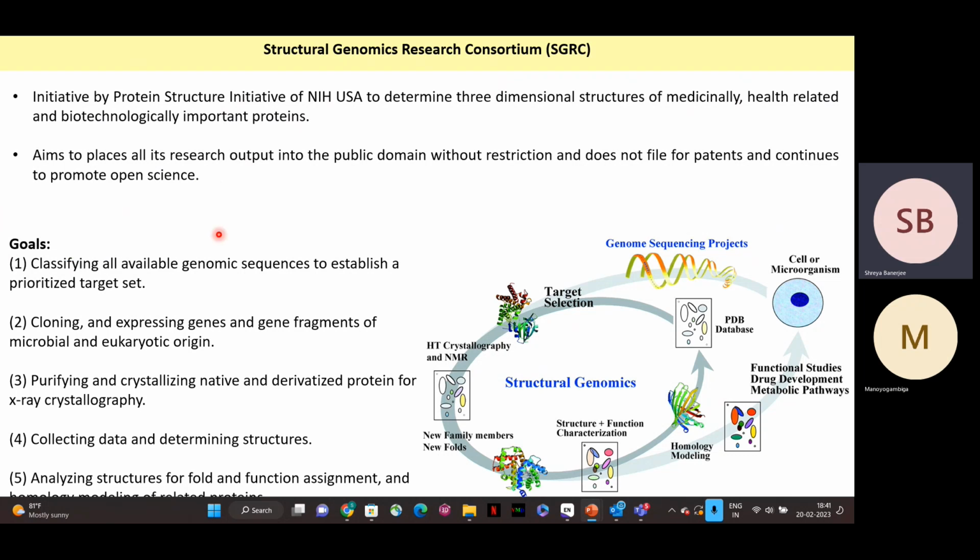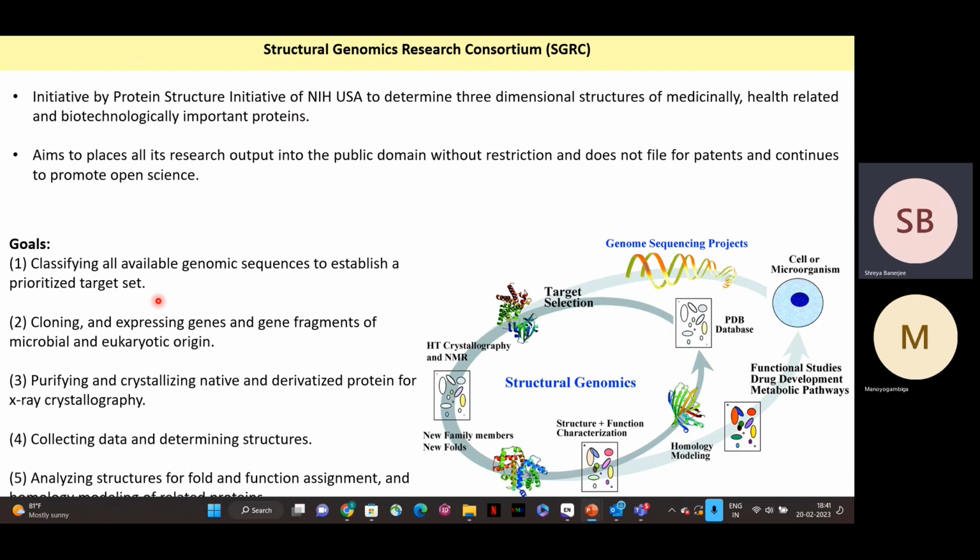There are several goals of this SGRC. Firstly, it aims to classify all available genomic sequences to establish a prioritized target set. So basically, only when you know all the genomic sequences, you can find out which genomic sequence is causing the disease.